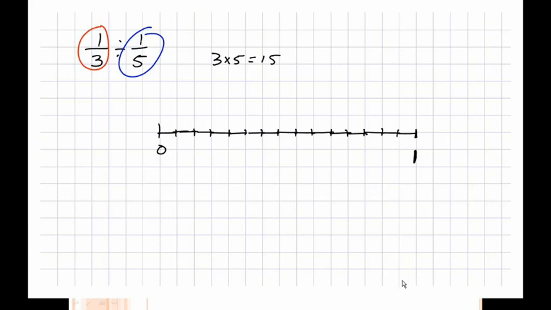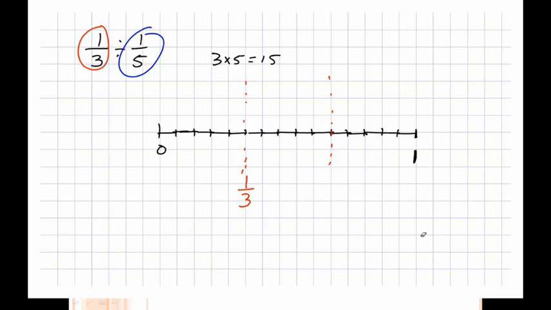So if I take these 15 units, this number line, and break it up into 3 equal parts, that's what it's going to look like. So here is my 1/3.